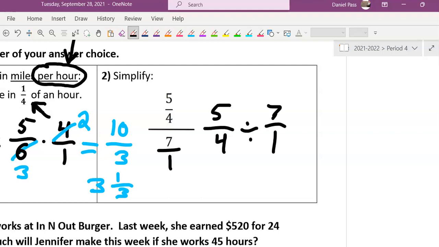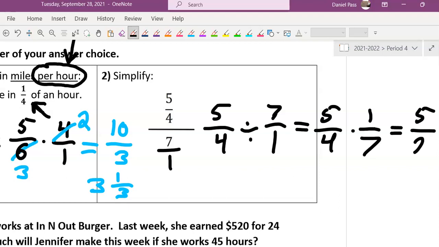Then I did the reciprocal. Then I made it 5 over 4 times 1 over 7. Then I multiplied and got 5 over 28. Is that it? That's it.